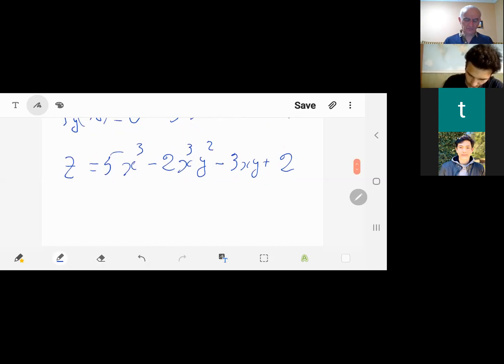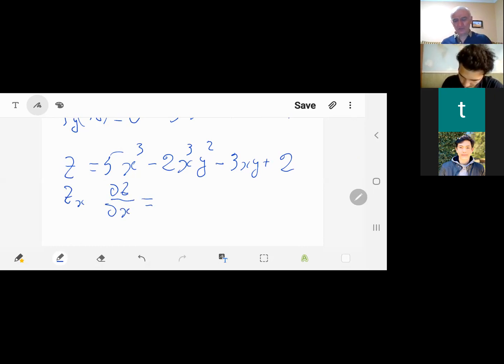And now we need to find both partial derivatives. We can denote it by zx, or as we said, we can denote it as dz dx.